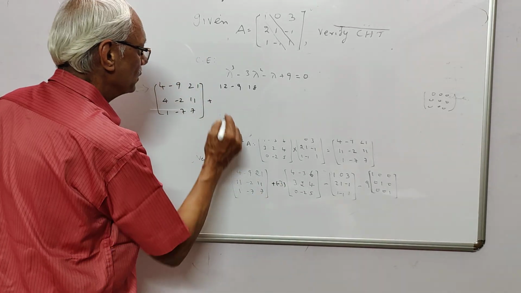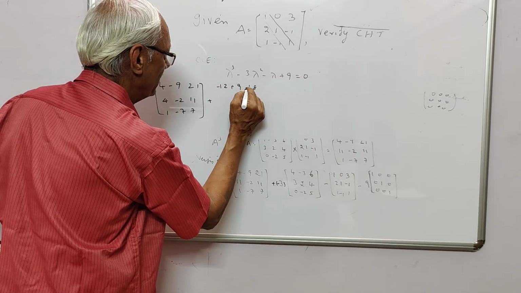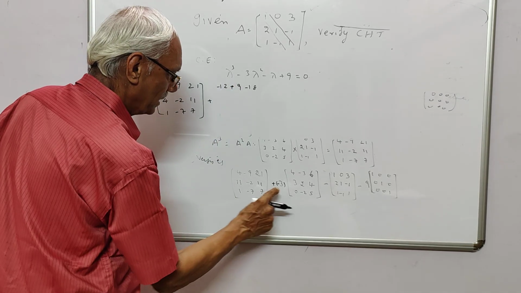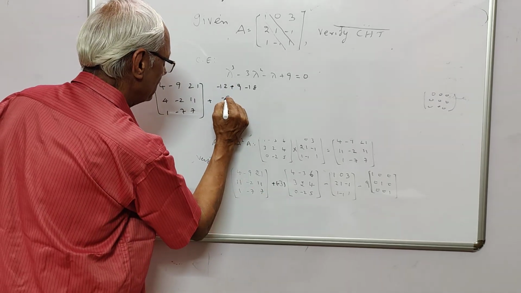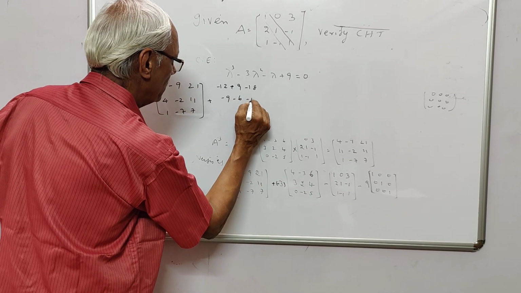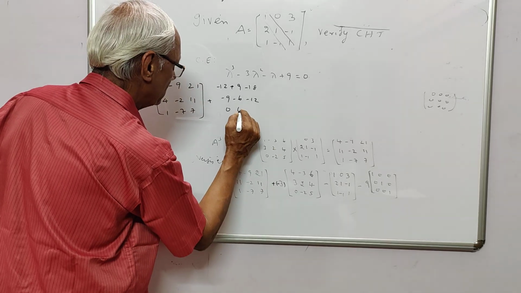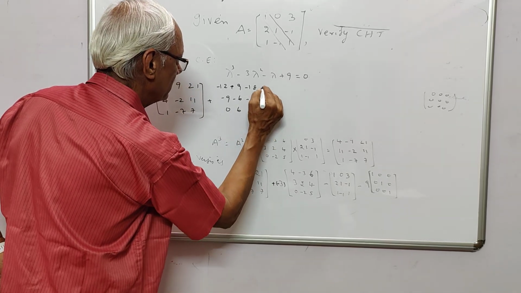Plus of minus 3. So it is minus 12. It is plus 9. It is minus 18. Minus 3, minus 9. Minus 6. Minus 12. 0. 6. Minus 15.